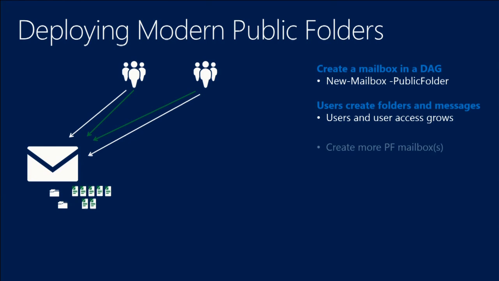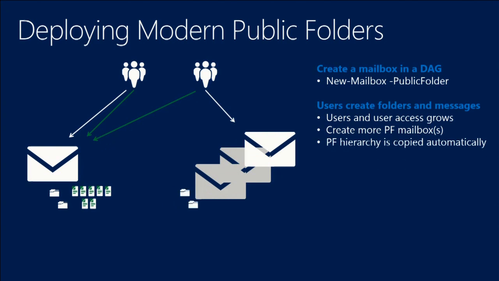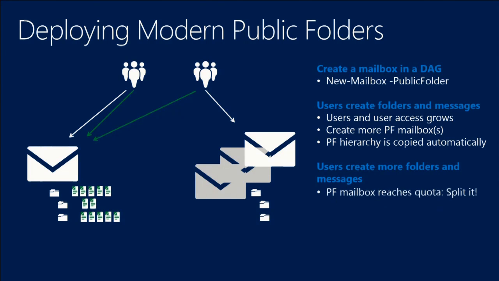And at some point in time, you decide to create more public folder mailboxes. Automatically, the hierarchy is copied over to the new public folder mailboxes. And of course, the users create more and more messages. However, the content goes in the default mailbox. So when a certain threshold is reached, for example, your public folder quota, you just split it.